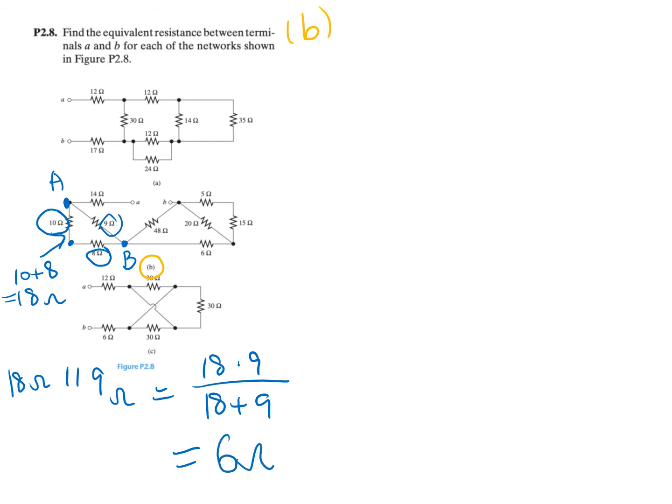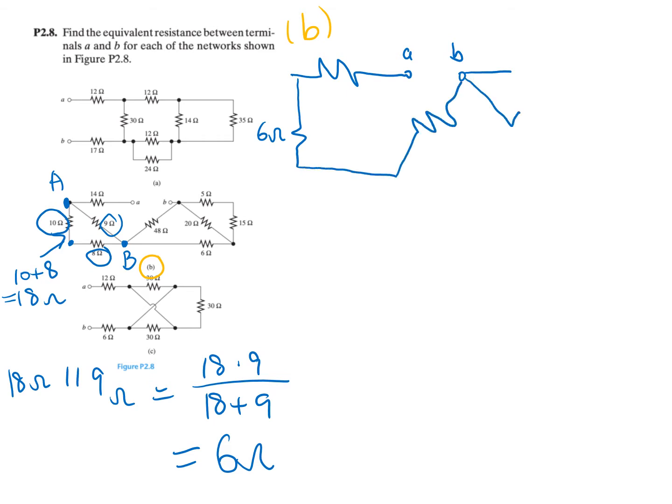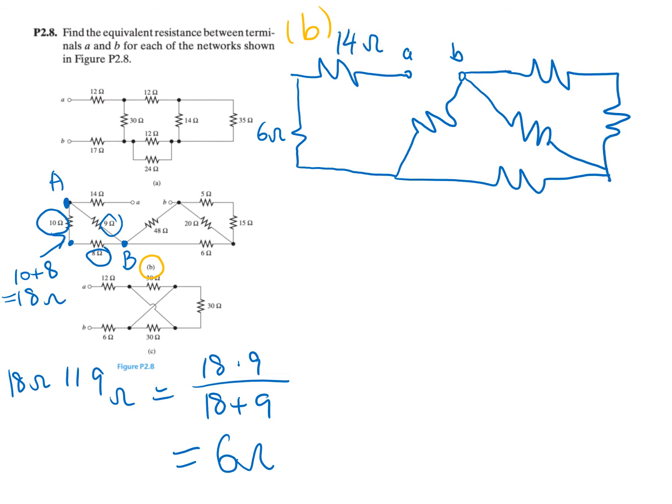So we can redraw the circuit diagram. This is 40 ohm, and this is 48 ohm. This is 20 ohm, 6 ohm, 5 ohm, 15 ohm.